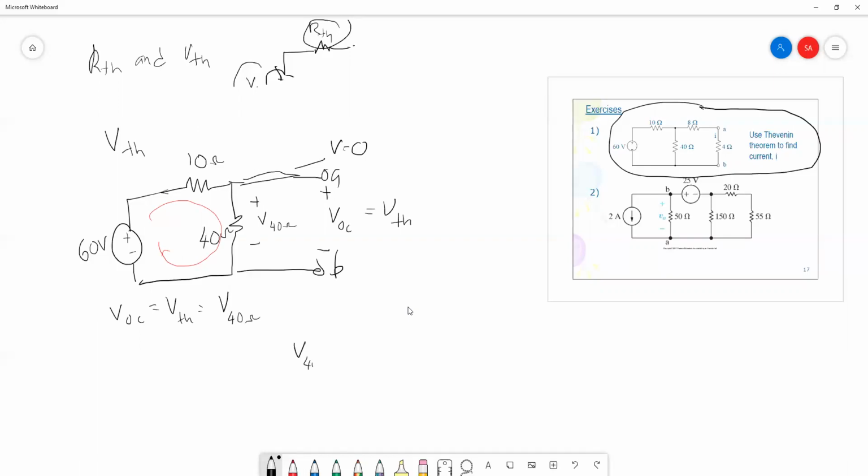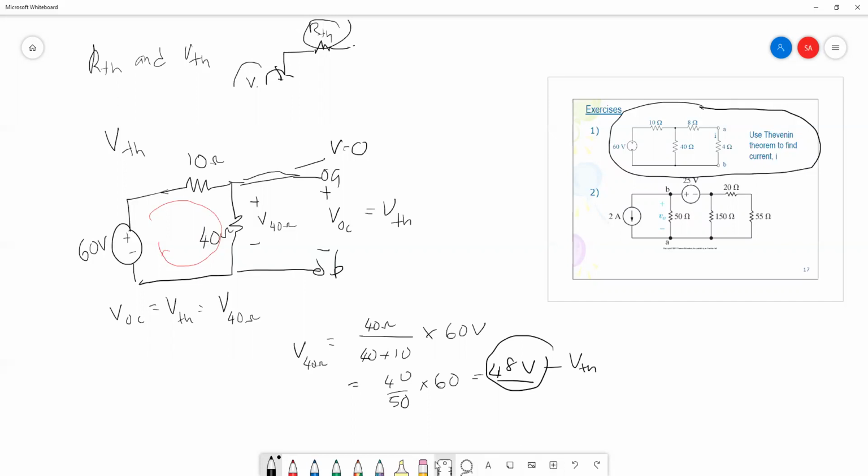V40 ohm is found by 40 ohms over 40 plus 10 ohm multiplied with the voltage source. So that is 40 over 50 multiplied with 60. You should get 48 volts. So this is your VTH.